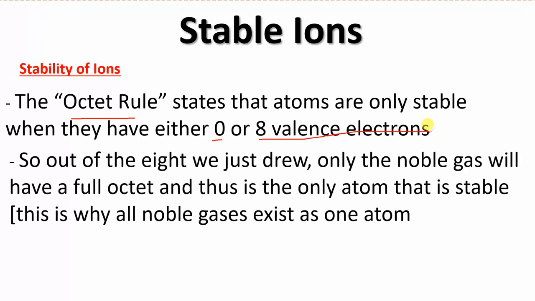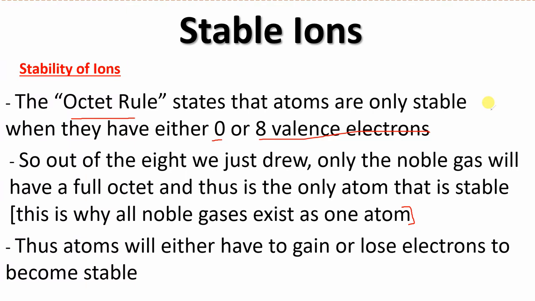As we just discussed, out of the ones we drew, only the very last one, argon, was happy and stable. And so the rest of them are going to have to either gain electrons from somewhere or lose electrons to become stable.